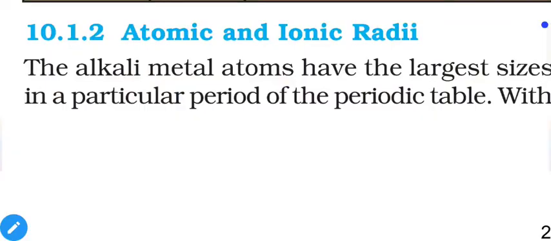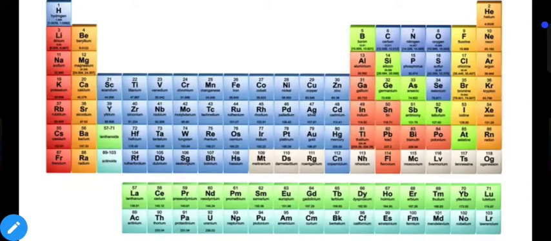Then let's talk about the atomic and ionic radii. We already discussed the common characteristics of elements in the periodic table unit.